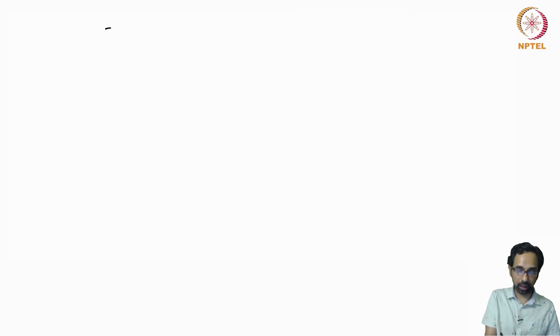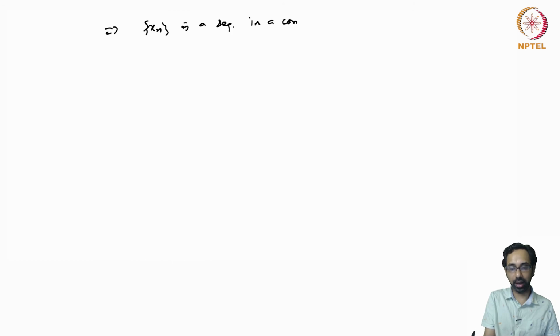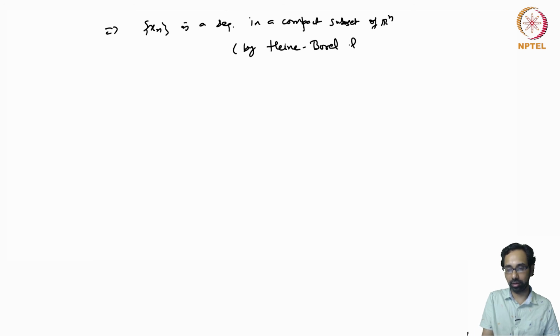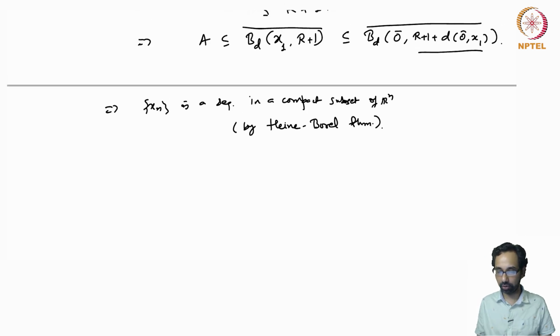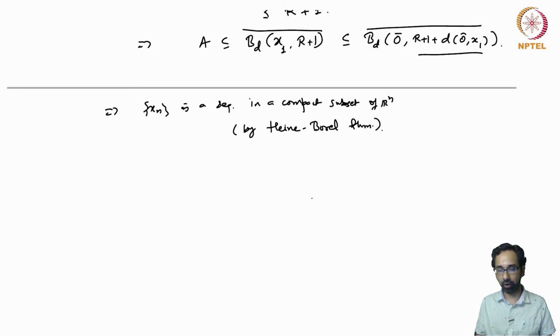So this means that xn is a sequence in a compact subset of Rn. This is by the Baire theorem. So by the Baire theorem, these closed Euclidean balls are compact in Rn.